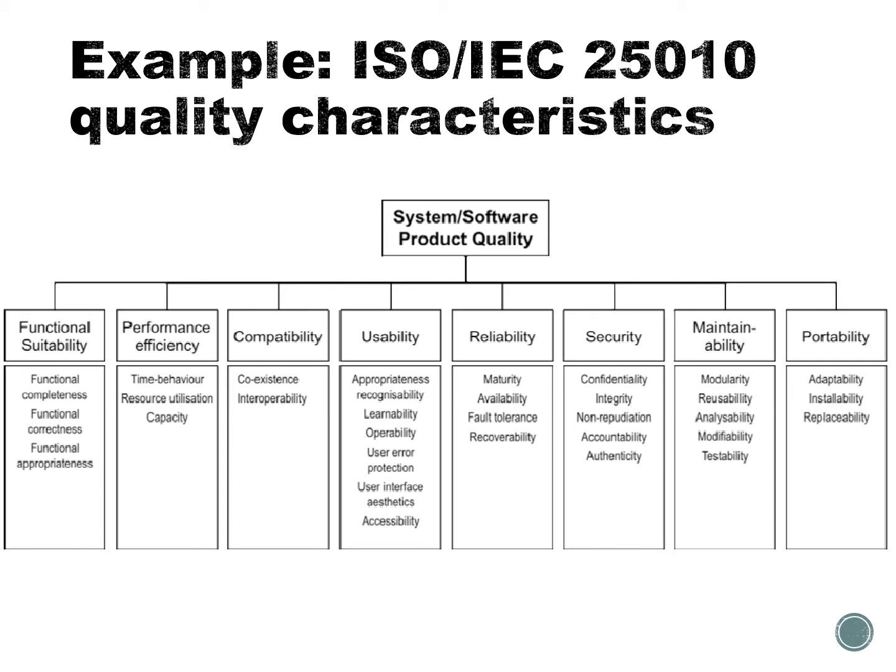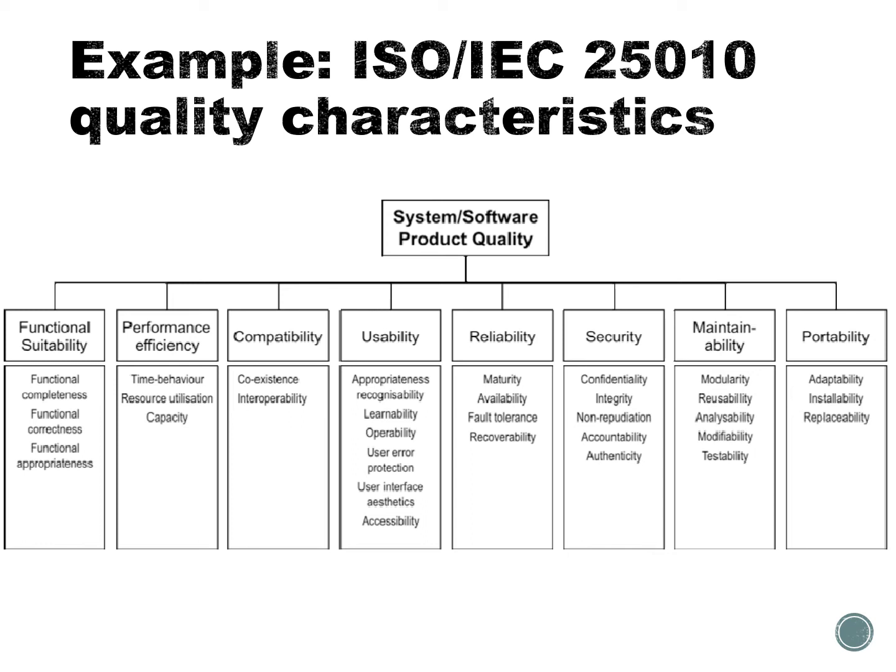So, most of you probably have seen this at some point of your studies. This is the, well, not perhaps this, but the ISO IEC 9126, which is the predecessor of this model. So basically, this SQuaRE model, software quality definition, means that the software and system quality is defined by these characteristics.